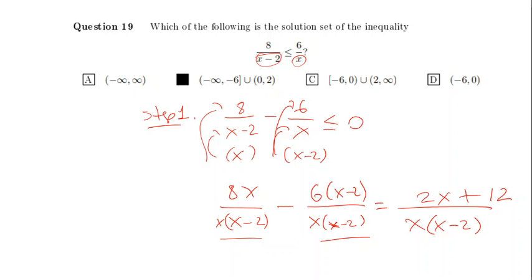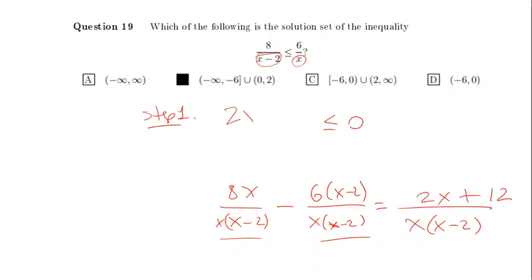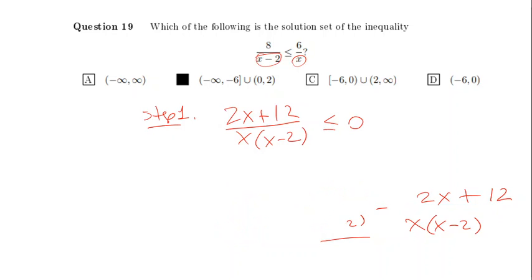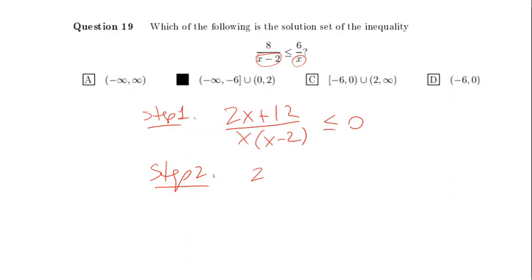Now we can write this one as 2x plus 12 divided by x times x minus 2. Now this is in standard form, and then we will go to step 2. Step 2 is find the roots of the numerator and the denominator.